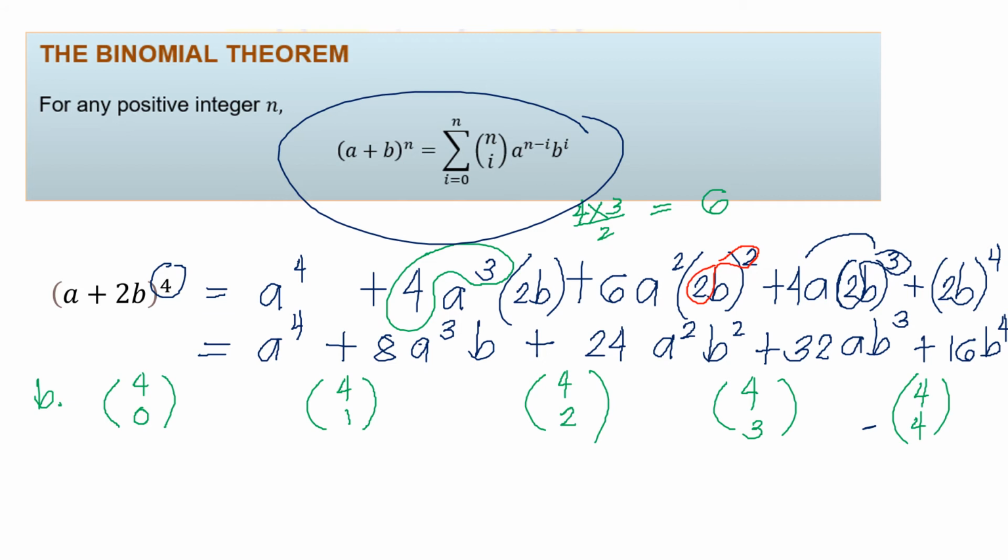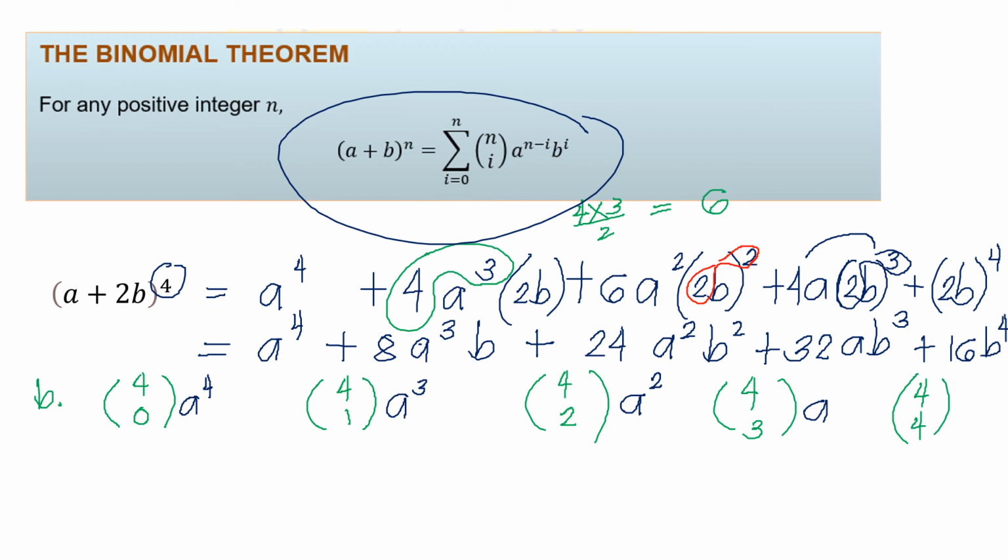Next, we're going to get the first term a and raise it to the exponent 4. So we have a raised to 4, a raised to 3, a raised to 2, so that's decreasing, a raised to 1, and a raised to 0 is simply 1, so we don't need to write.